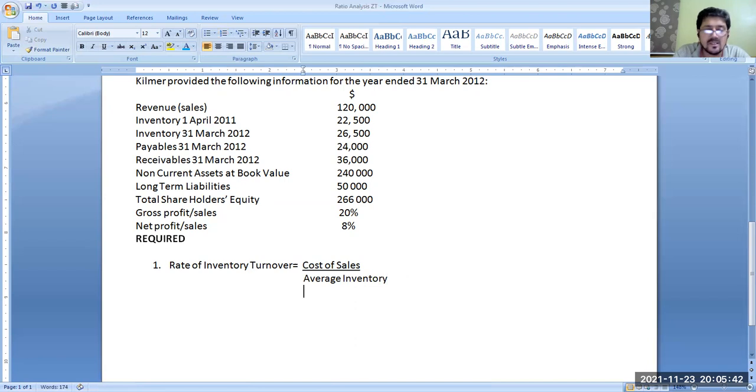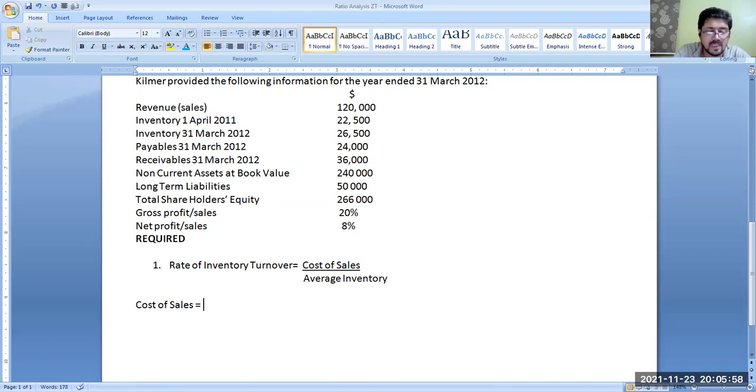Now we know how to calculate cost of sales; we all know.